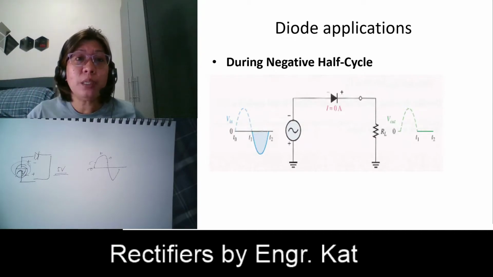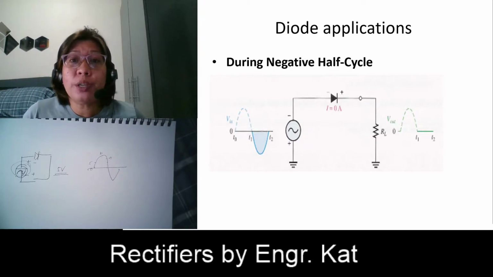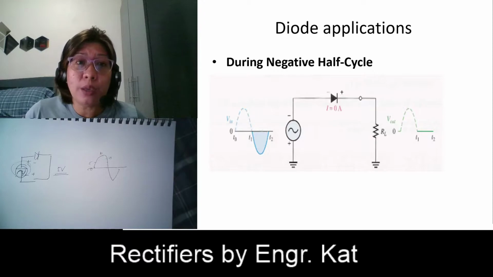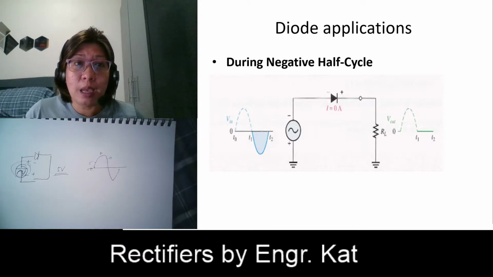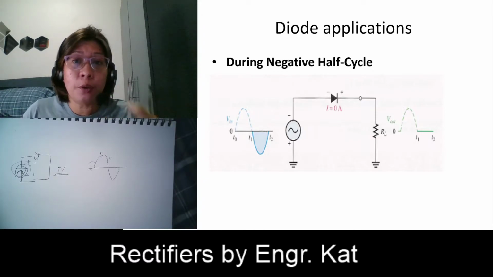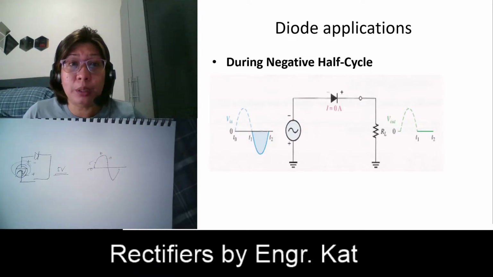At reverse bias condition, your current is equal to zero because your diode here is operating as an open circuit. Therefore, when your current is equal to zero, no current flows across your RL. This is technically an open circuit. So when no current flows across your RL, you don't have any output. So during the negative half cycle, our output is equal to zero.